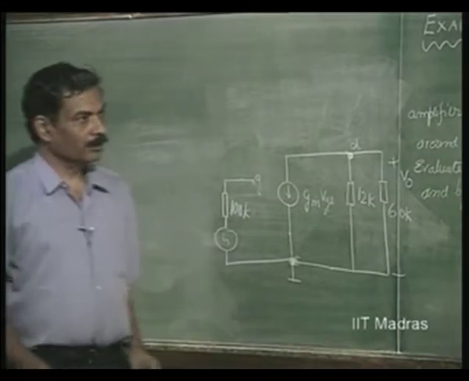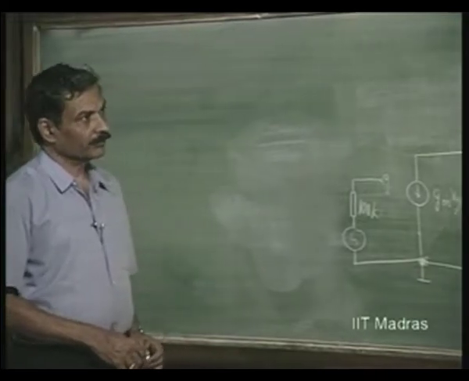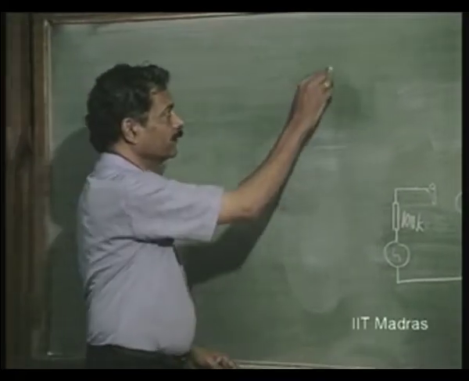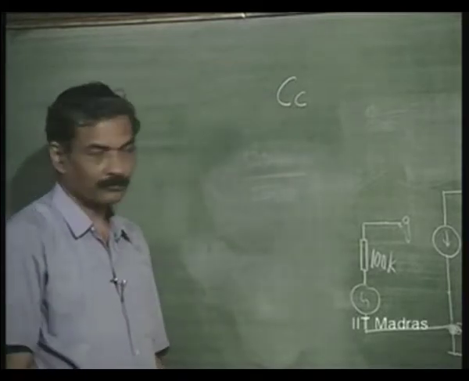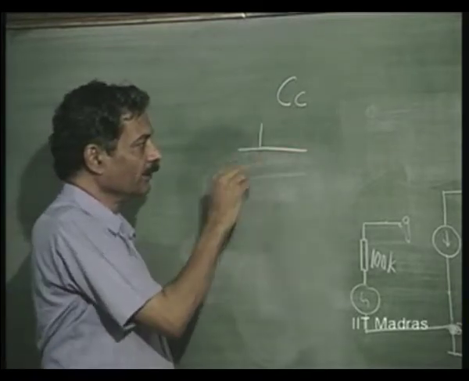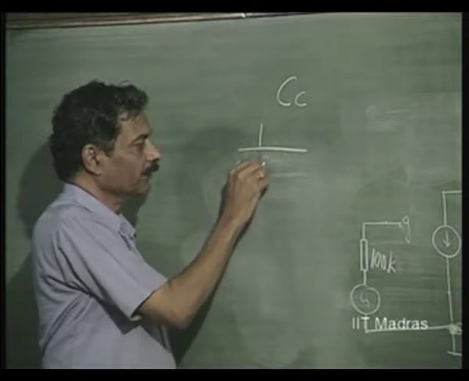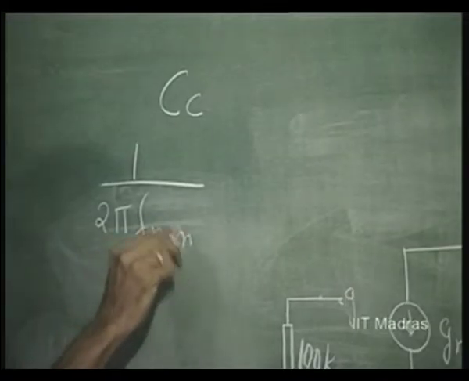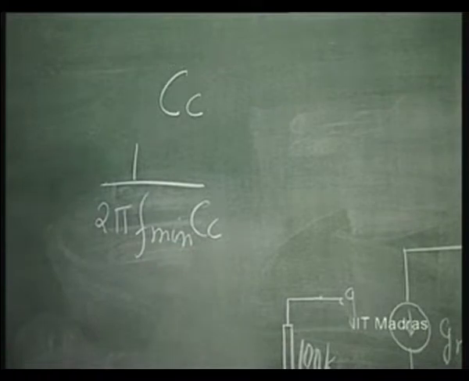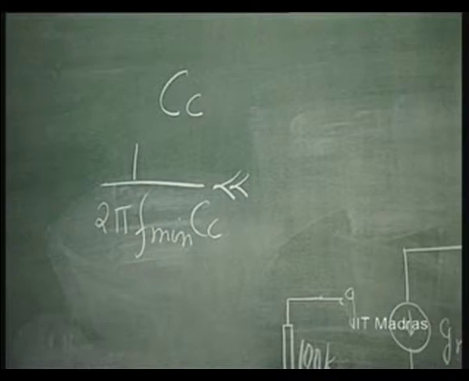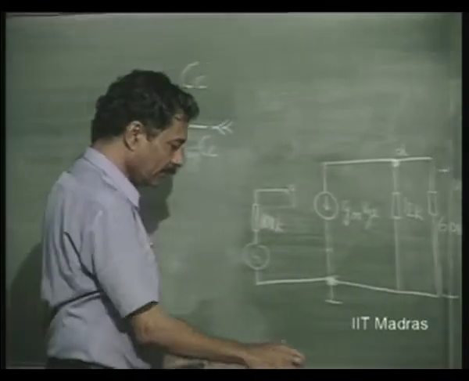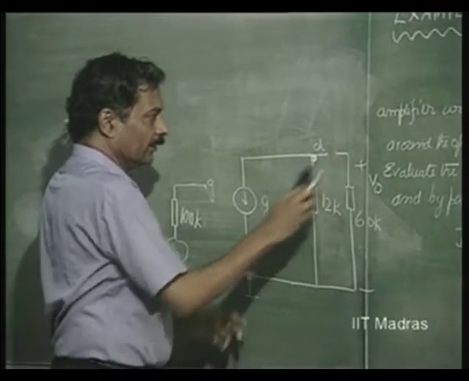Now, let us consider the coupling capacitor Cc. The reactance of the coupling capacitor, 1/2 pi F minimum into Cc, should be much less than the impedance seen from there. That is very clear. Cc comes here.